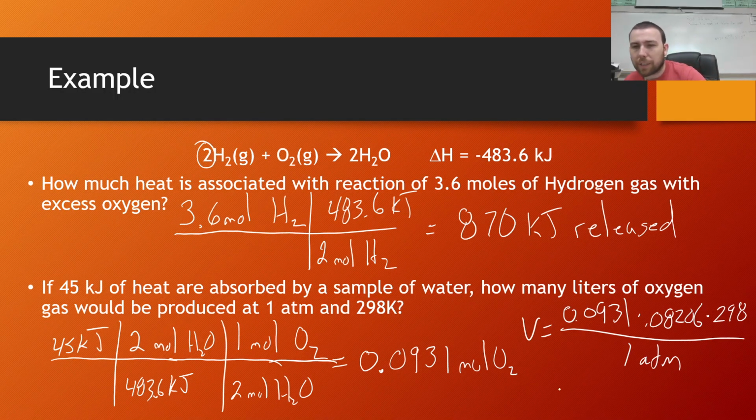And then that's going to be 2.28 liters of O2.